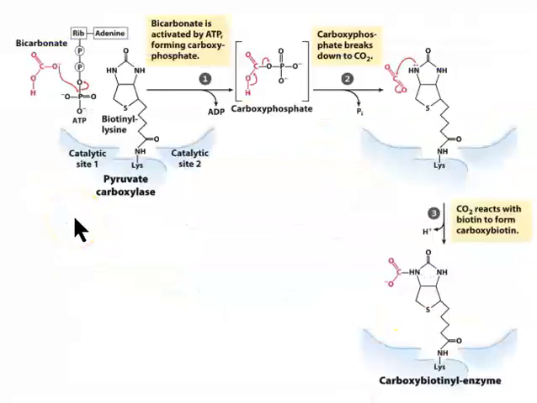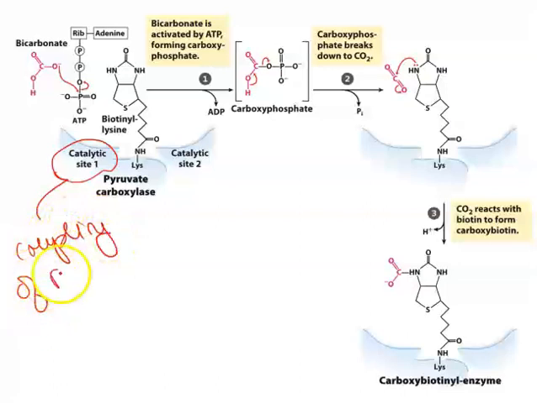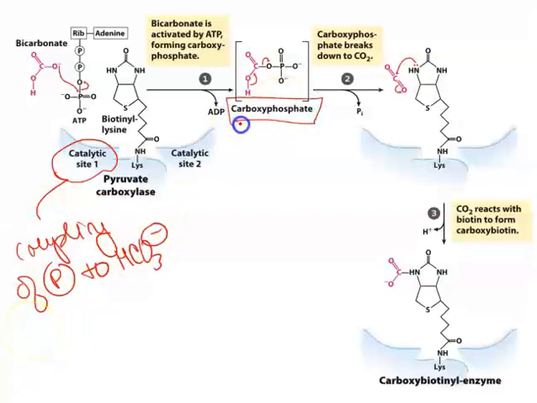Here's the image from your book, and it's nice because it shows more detail of the enzyme. So here's catalytic site 1, where we have the coupling of phosphate to bicarbonate. And this is going to form carboxyphosphate, which is a high energy compound.